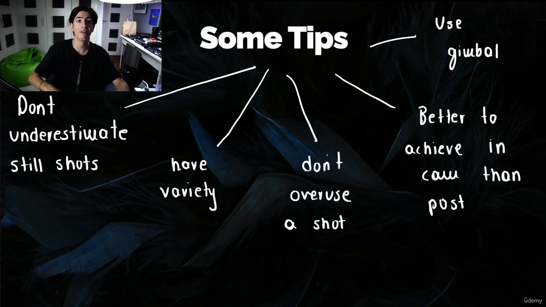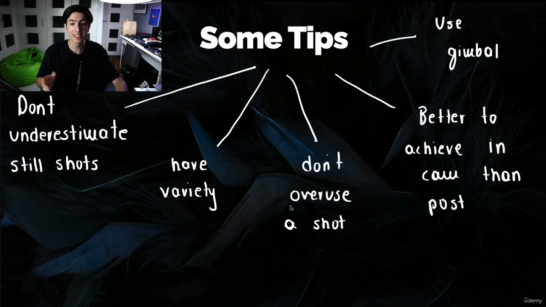These are very powerful shots, and just because you were introduced to all of those camera movements, I don't want you to completely forget about still shots. Don't underestimate still shots. The second thing that I want to point out is that you need to have a variety of movements. Don't overuse a movement just because you love it or you're good at it. Try to invest time to master all of the movements that we discussed in this lesson and use a variety of them.